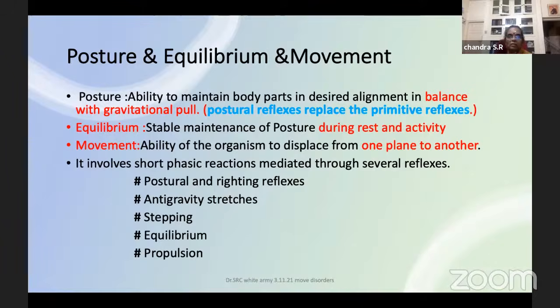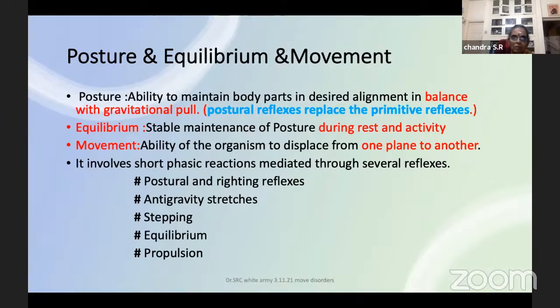So movement is displacing from one plane to another. And it involves short phasic contractions mediated through several reflexes. So several reflexes are involved. They are all controlled by the basal ganglia. That is righting reflex, anti-gravity stretch, stepping, equilibrium, and propulsion.